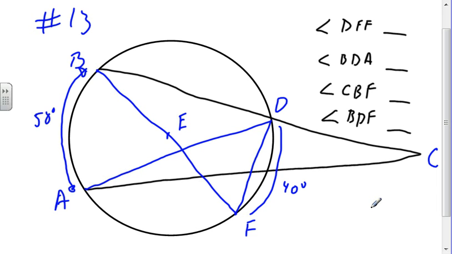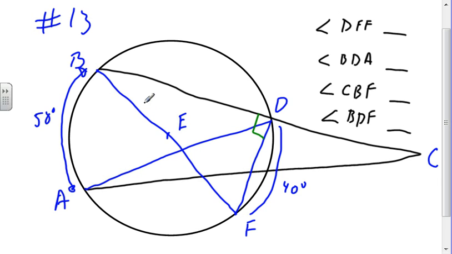So what is it that we know? We know that this guy goes to the center of the circle, right? So that triangle, we know it's a right triangle.